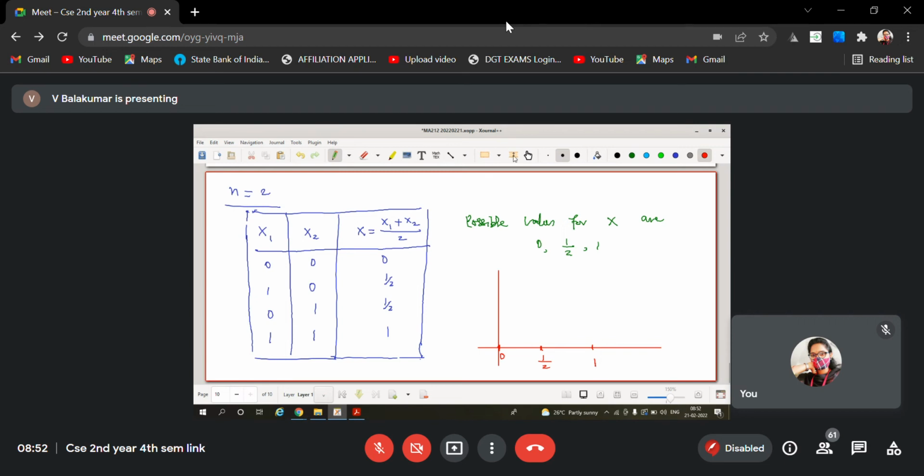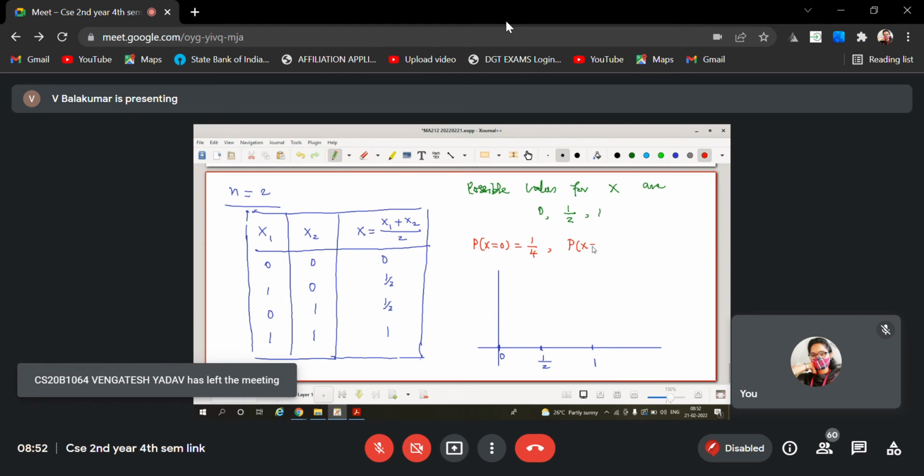Maybe we will use the same color. What is the probability for 0? That's my question. Out of the 4 possible outcomes, 0 occurs only once. We observe that the probability for x equal to 0 is 1 upon 4.